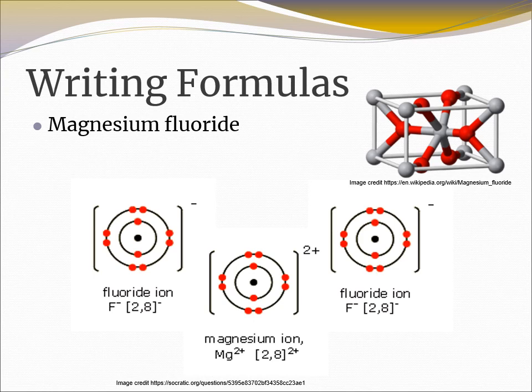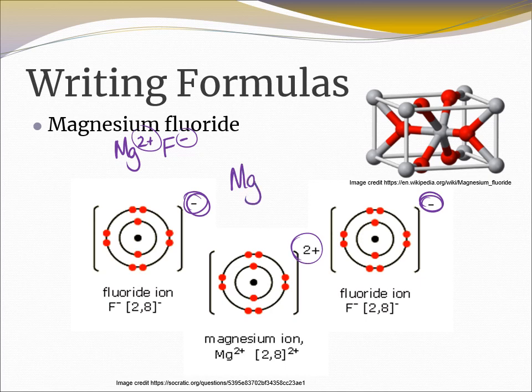Magnesium's oxidation state is +2. It's an alkaline earth metal. Fluoride's charge is only -1. It's a halogen. +2 and -1 do not balance each other out to 0. So +2 magnesium needs not just 1, but 2 fluorides to balance out those charges.